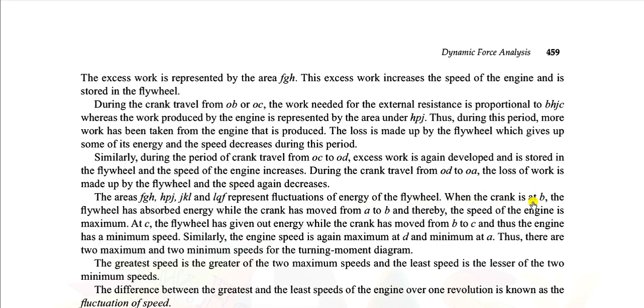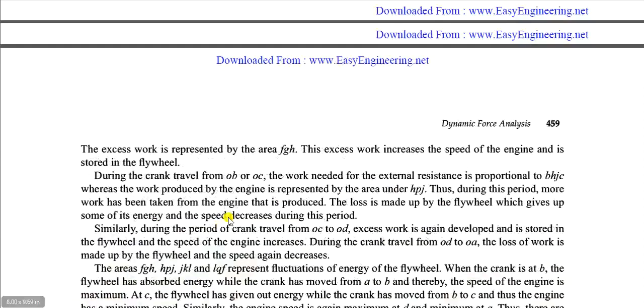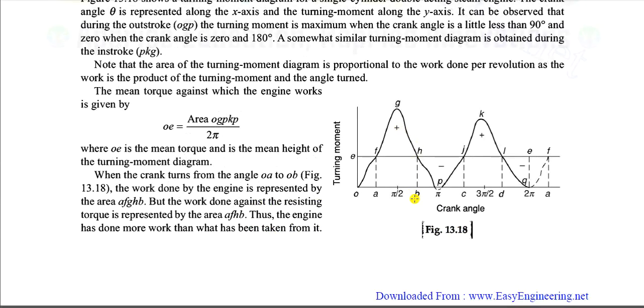When the crank is at B, the flywheel has absorbed energy while the crank has moved from A to B, and thereby the speed of the engine is maximum. So what he is saying is, when the crank is at B, the flywheel has absorbed energy when the crank was moving from A to B. Because this much energy it has absorbed, stored, at this point the flywheel speed will be maximum.